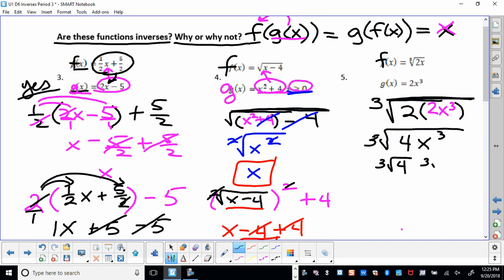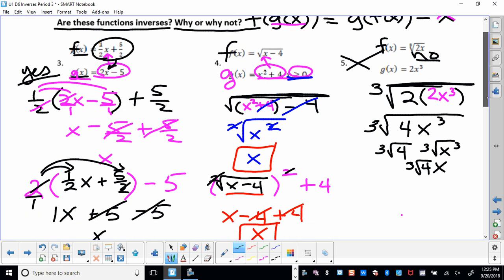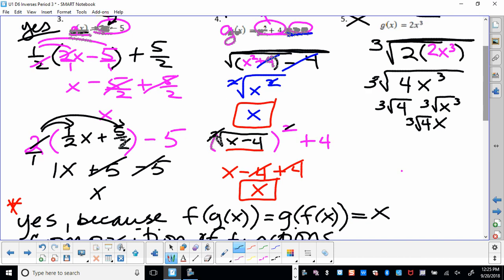I end up with the cubed root of x cubed, which is x, so I have the cubed root of 4 times x. So that did not give me x, so thank goodness I am done. So that is not an inverse, because I still have this guy, so that's an issue.